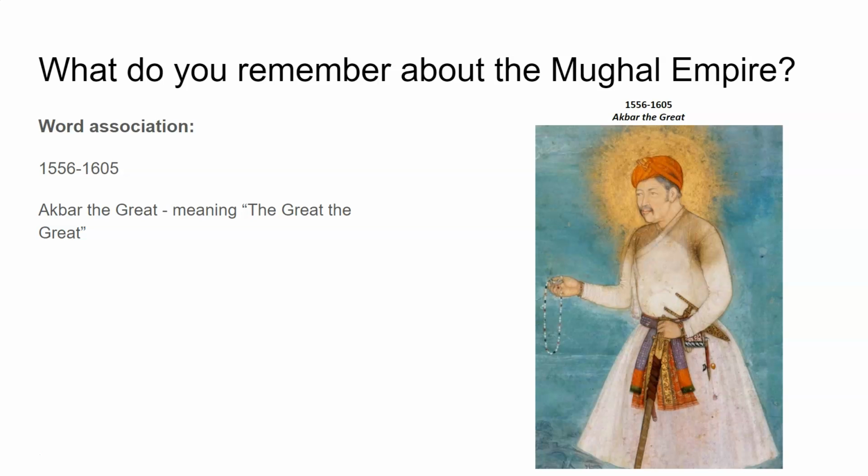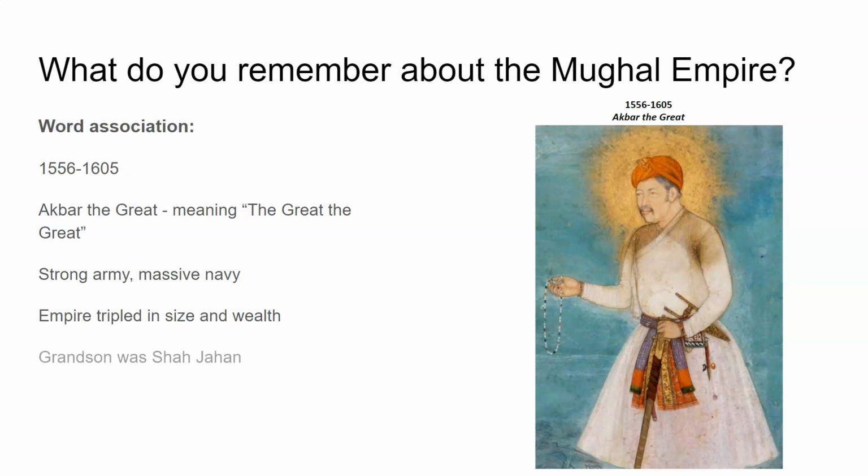So if you recall from your lesson, the great was essentially how he was referred to. He commanded a very strong army, a massive navy. The empire tripled in size and wealth. It was the largest empire geographically in the world, even larger than the Roman Empire. His grandson was Shah Jahan, who was not as religiously tolerant as Akbar.